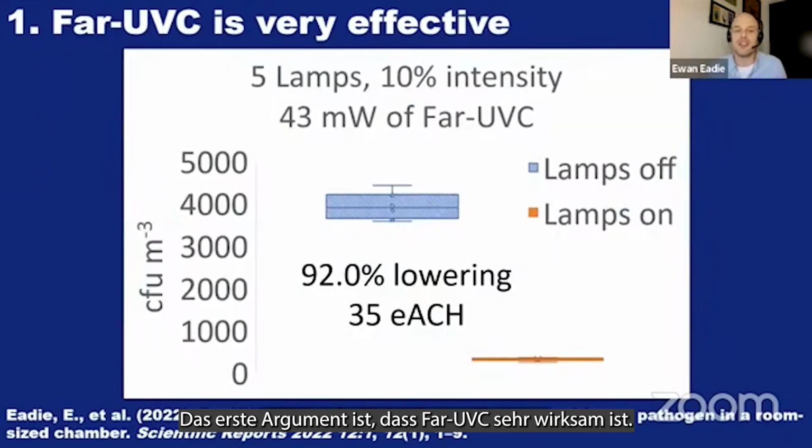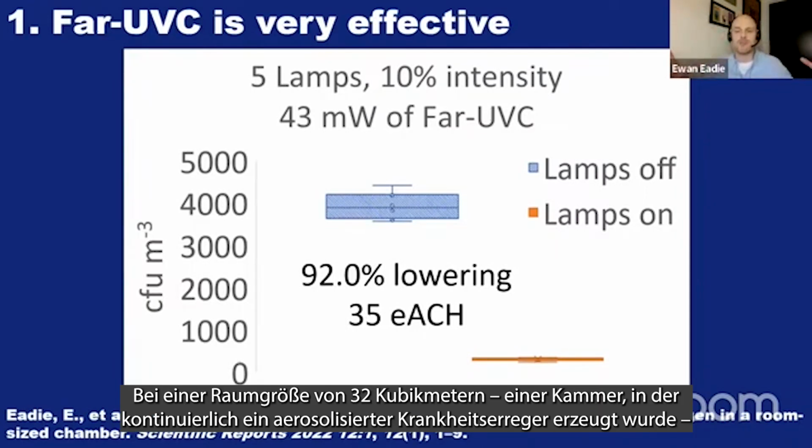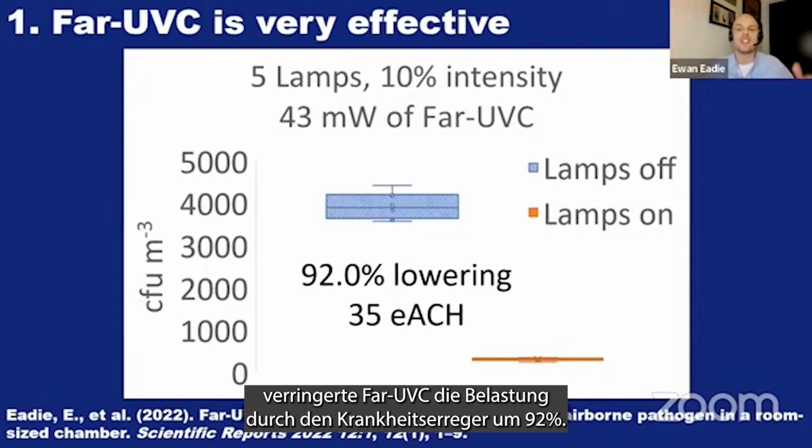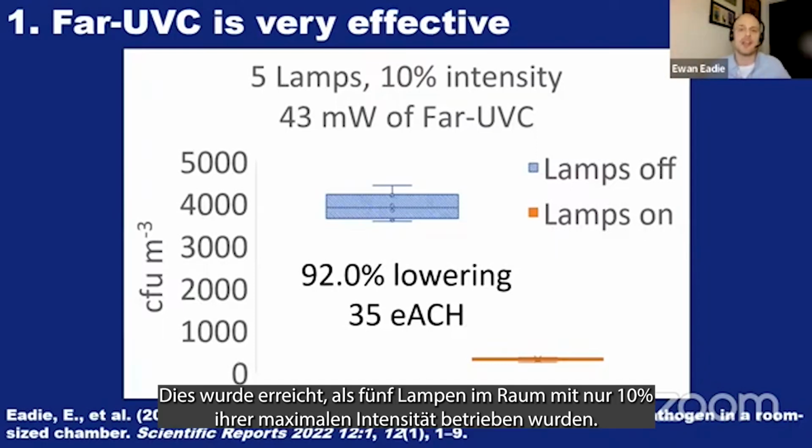The first piece of evidence is that Far-UVC is very effective. In our room-sized chamber, a 32-meter cubed chamber, where there was a constant production of an aerosolized pathogen, Far-UVC lowered that pathogen load by 92%. That's when there were 5 lamps in the room operating at 10% of their maximum intensity.